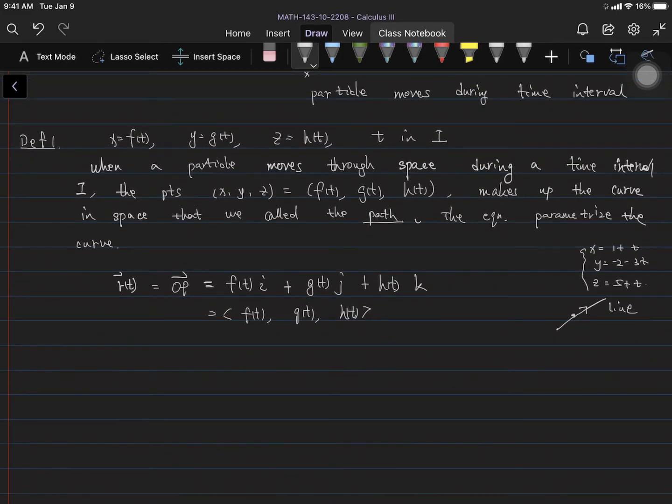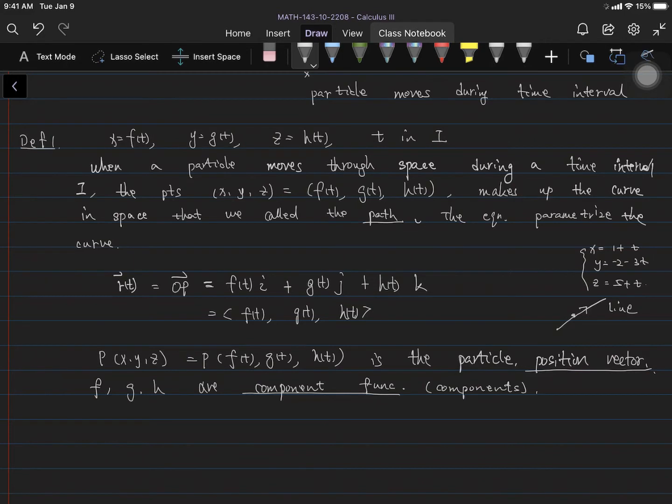And here the point x, y, z, which is given by f(t), g(t), h(t), is the particle's position vector. Because when we give a t value, we know where the point is. So for a certain t, we know the certain position. So this is called the particle position vector. Here the functions f, g, h, we call them component functions, and sometimes we just call them components.